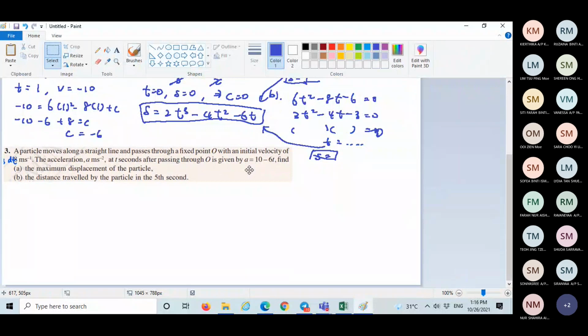This is question 3. A particle is moved along a straight line, passes through a fixed point O with an initial velocity of 8. Accelerations at t second after passing through O is given by this. Find the maximum displacement. So they want displacement.